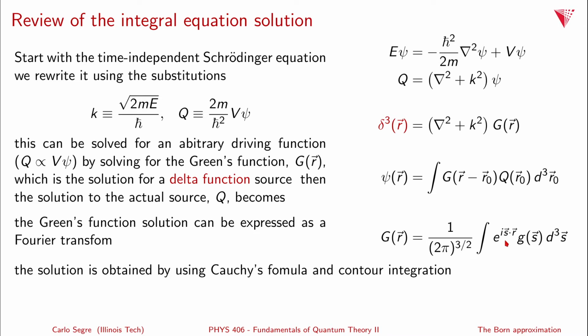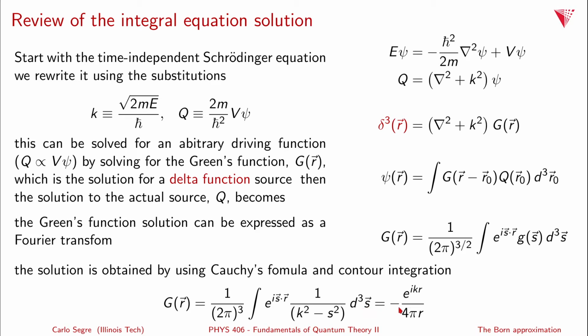And the solution that we want is then obtained by using Cauchy's formula and contour integration. And so you have G of r is equal to 1 over 2 pi cubed, integral e to the i s dot r times 1 over k squared minus s squared d cubed s. And when you actually do the integral, you get that this becomes a spherical wave. It's minus e to the i k r over 4 pi r.